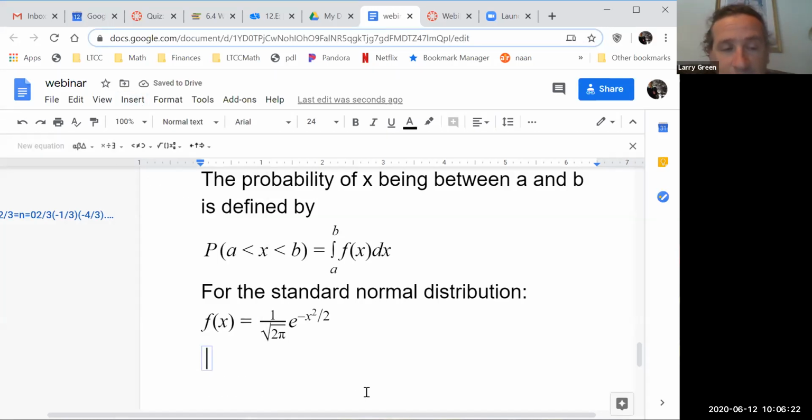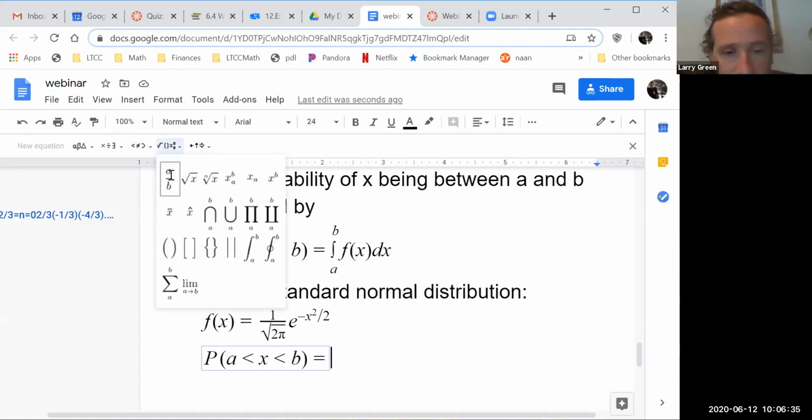So in particular, the probability that A is less than X is less than B is equal to, I can take the 1 over the square root of 2 pi outside. That's not a problem. You can always do that with integrals.